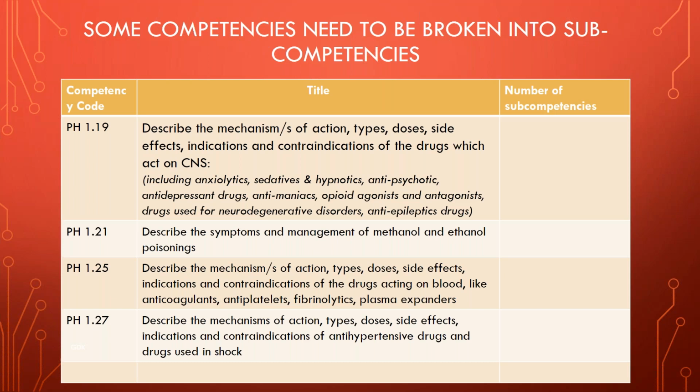PH 1.27: antihypertensive drugs and drugs used in shock. You require separate SLOs for each one of them because the pathogenesis, the manifestations, and the drug and treatment requirements are entirely different. Therefore, they have to be divided into sub-competencies.